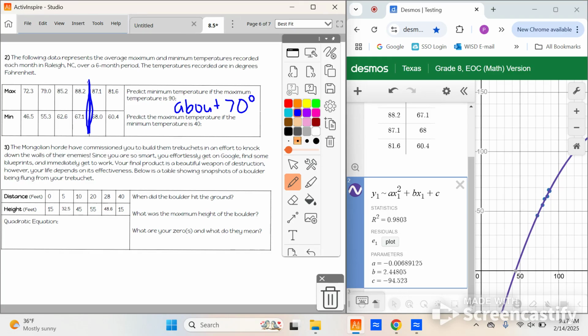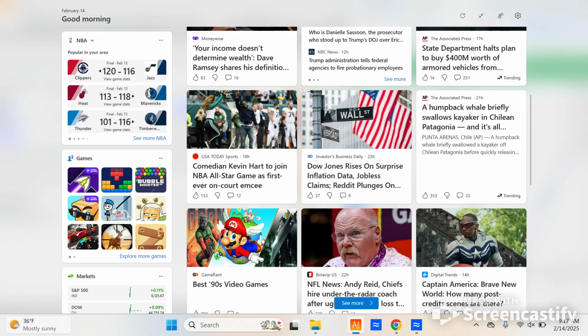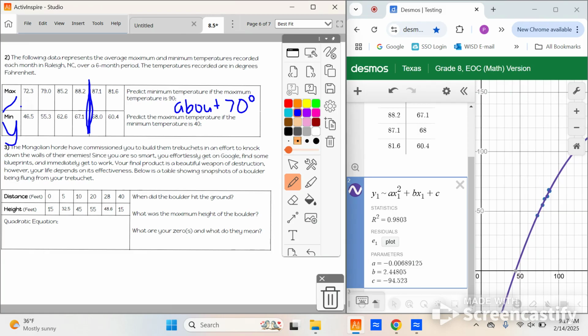So now, because I'm looking at the minimum, and the minimum is my y, I'm going to click and drag until my y value is about 40. So I would say about here, and my maximum temperature is about 68.6.